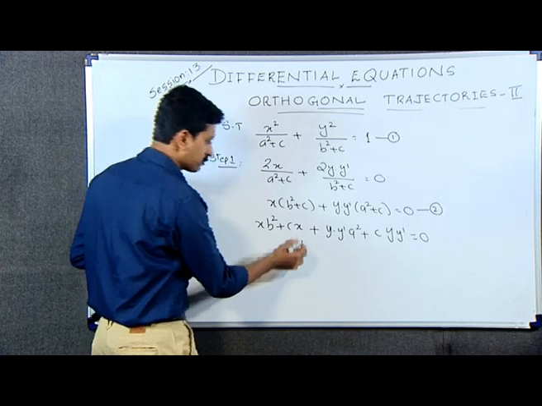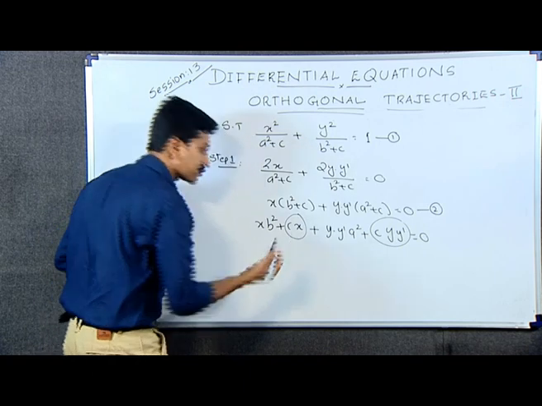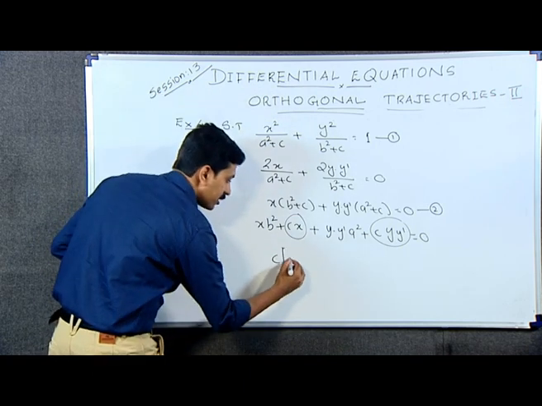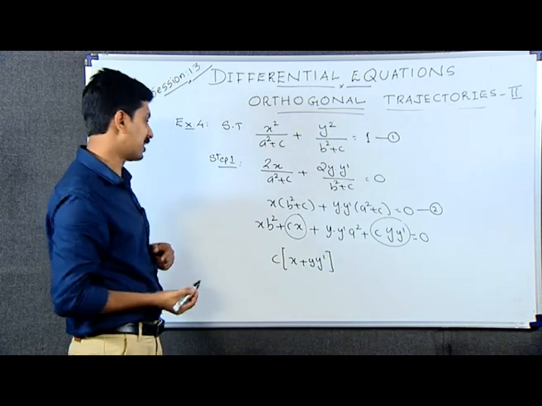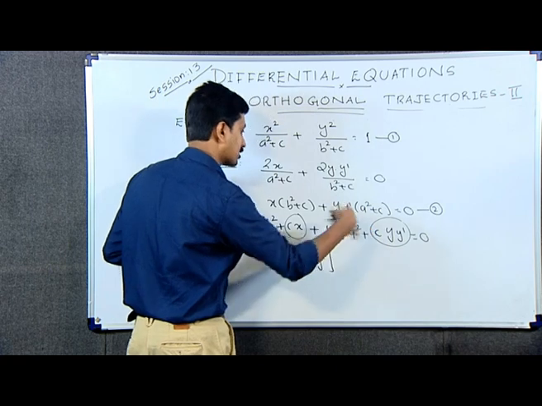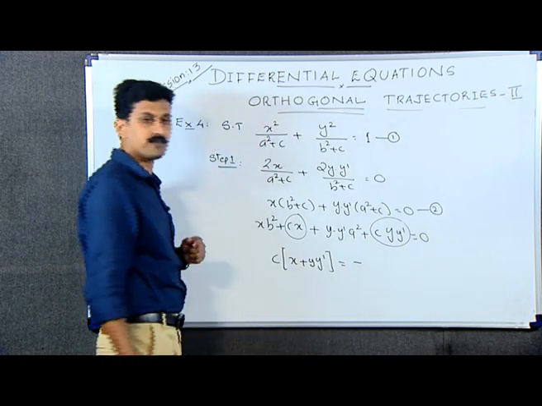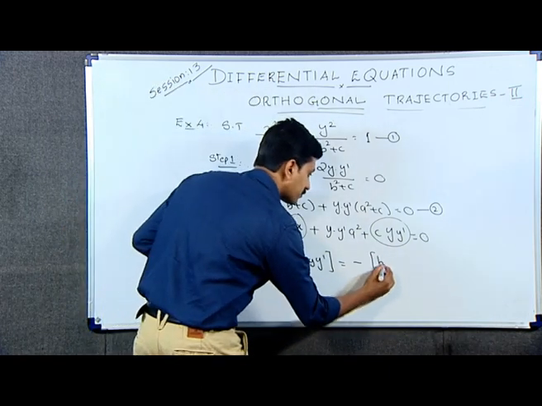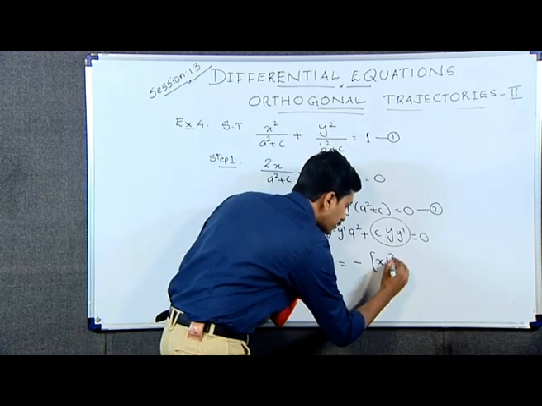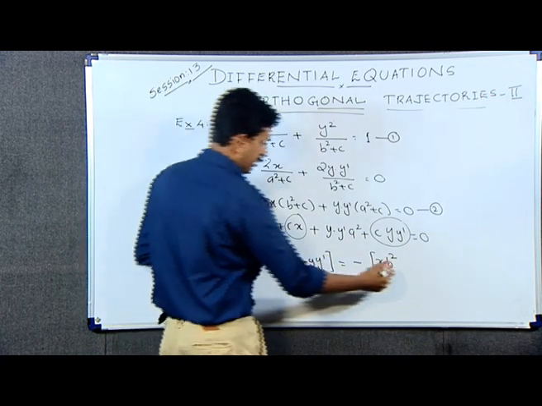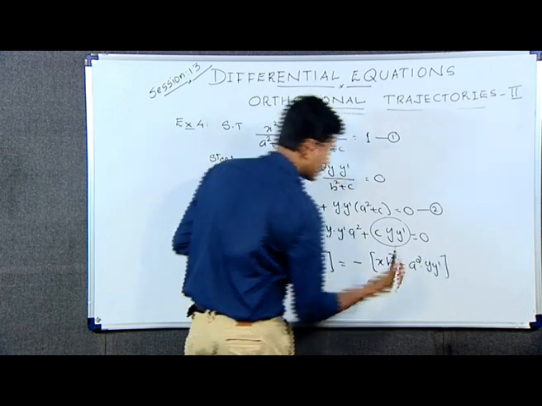I am taking the terms containing c as common, therefore, c into x plus y y dash, and I am taking all other things to the right side, therefore, minus of x b square plus a square y y dash.